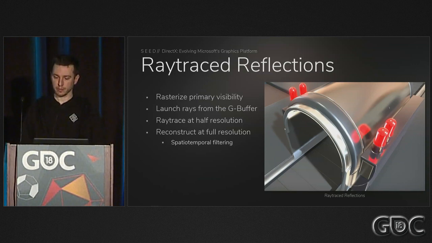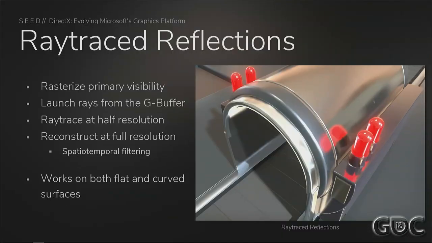We then do a spatial temporal reconstruction at full resolution. From the image to the right, you can see how ray traced reflections really adds and just works on all types of surfaces, whether it's flat or curved. In our original approach, we tried combining it with SSR for performance, but in the end, we just ray traced simply for simplicity and uniformity.